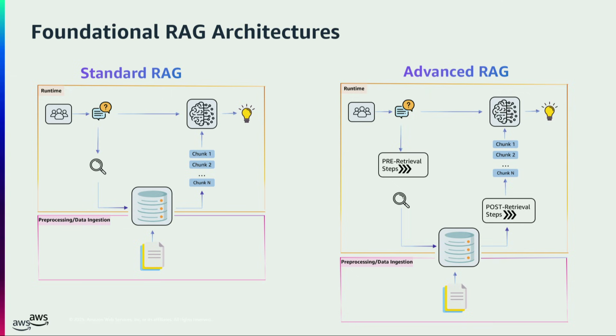This works fine, in my experience, if you do not have a huge volume of documents, or the documents are fairly straightforward, they are not interconnected with each other, or there is not too much proprietary data or abbreviations around it. Standard RAG works just fine.